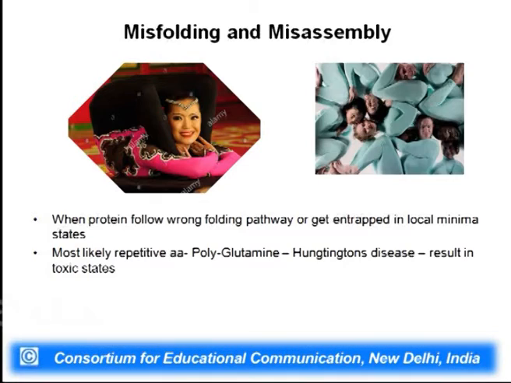So, you will encounter that when the proteins follow a folding pathway and get into a wrong folding pathway, or get entrapped in a local minima state, it is misfolding. And these kinds of diseases you will encounter when there is a polyglutamine kind of motif present in a protein which causes it to aggregate. We will see more reasons and more implications of what causes the protein to become misfolded.